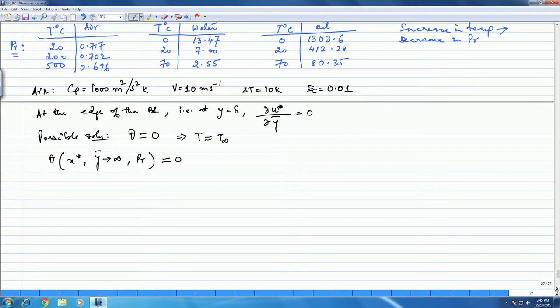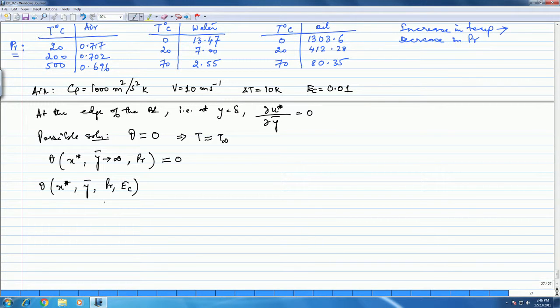Now, equation 1, which we have seen earlier. Mathematically, equation 1 is a linear differential equation which has the standard solution theta, which depends on x star, y bar, Prandtl number, and Eckert number.